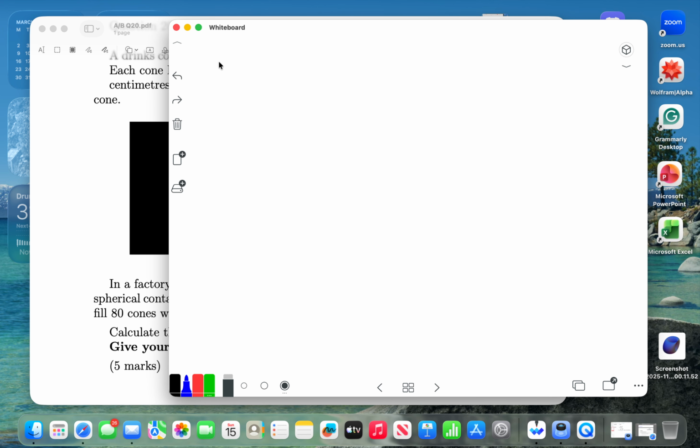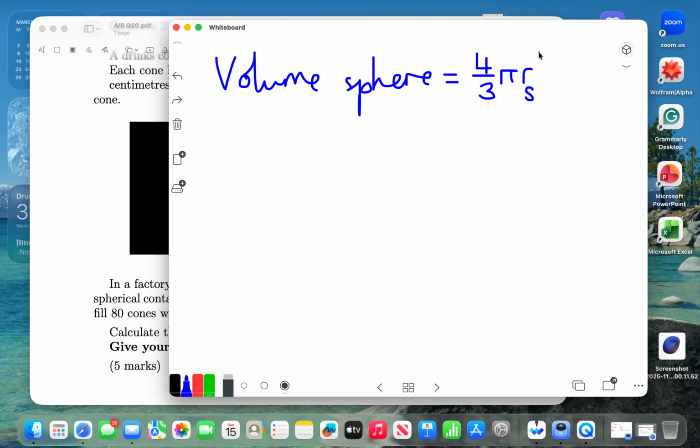But we're told that the volume of the sphere is given as 4/3 pi r cubed. And I'm going to write rs instead of r, so rs cubed, so we can differentiate it from the radius of the cone.